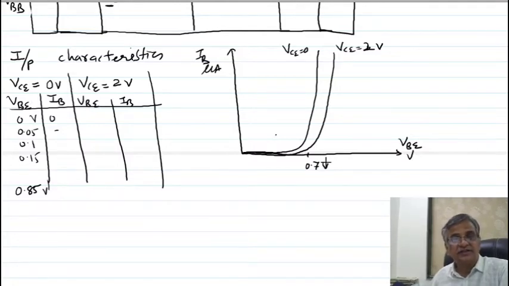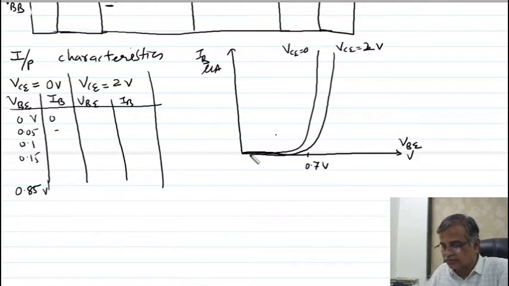Listen again. The graph of input base current versus input base emitter voltage for a constant value of the output collector emitter voltage is called input characteristics. It is shown in this figure.